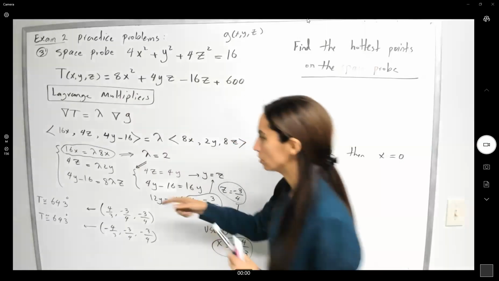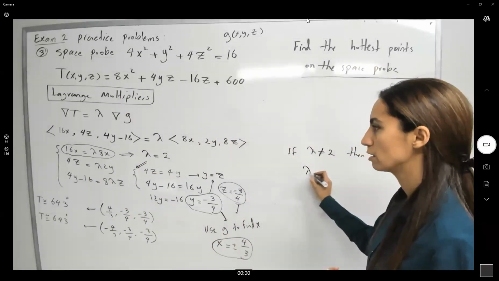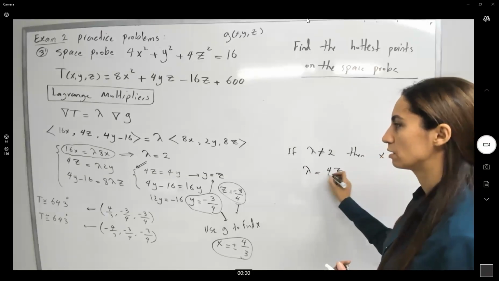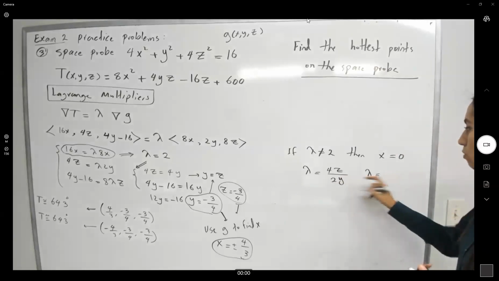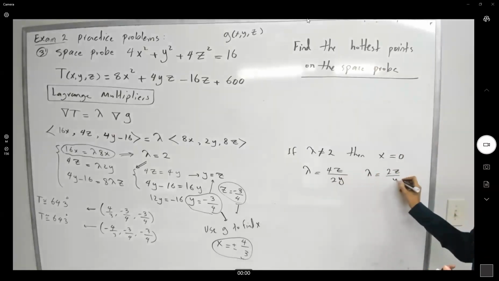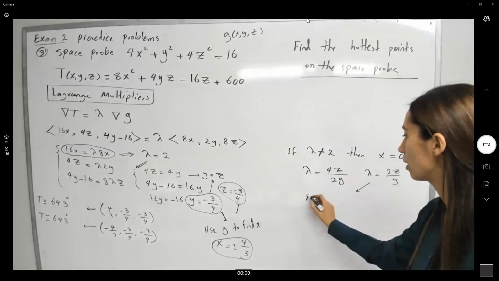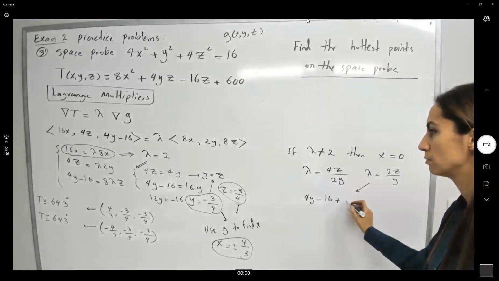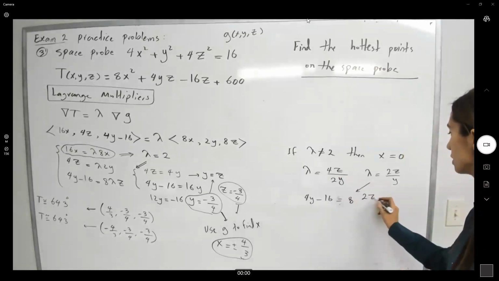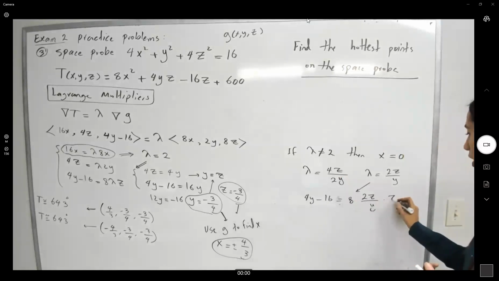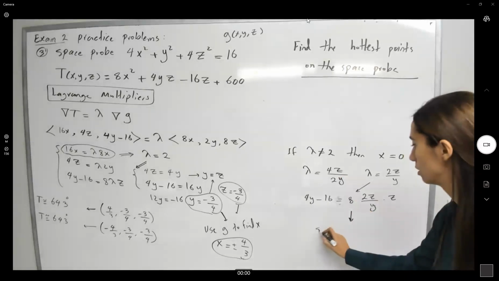So x is 0, and then your lambda from the second equation can be written as 4z divided by 2y. So lambda is equal to 2z over y, and then substitute that in the third equation, and you get 4y minus 16 equals 8 times 2z over y times z. Then continue solving for y and z.